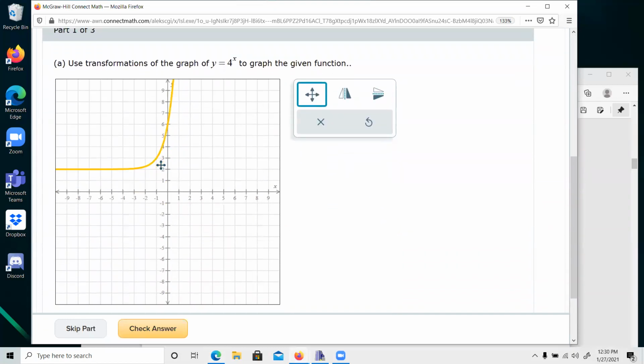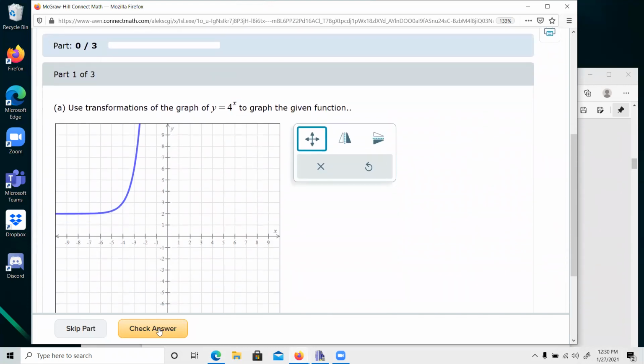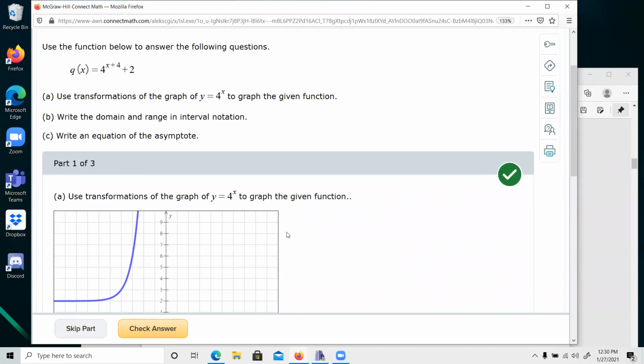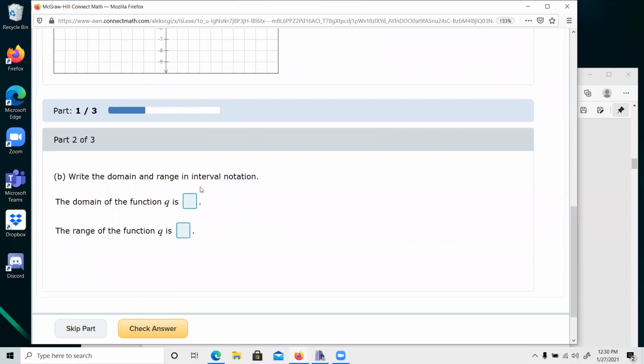So 1, 2, 3, 4. Oh, that is a nice tool. Wow. They did a good job. I just really think it's cool that they make you pick it up and move it, because that's exactly the metaphor you should be thinking in your head: I'm just picking this up and moving it.